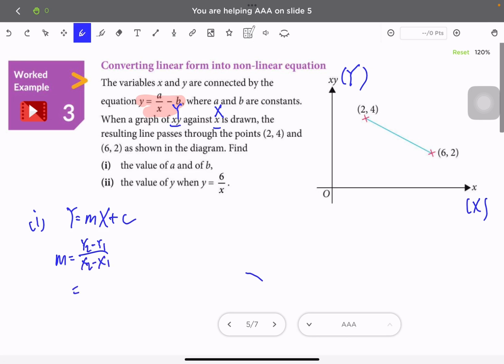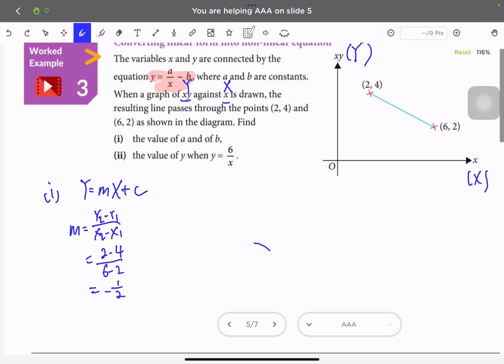I will just use the numbers there: 2 minus 4 over 6 minus 2. So the gradient of this line will just be negative half.